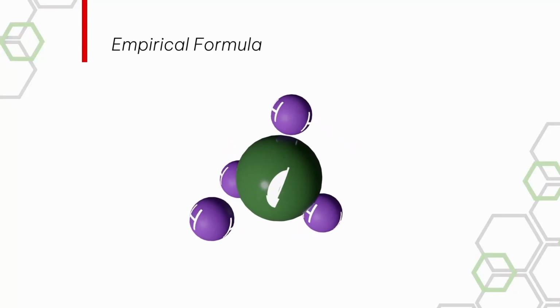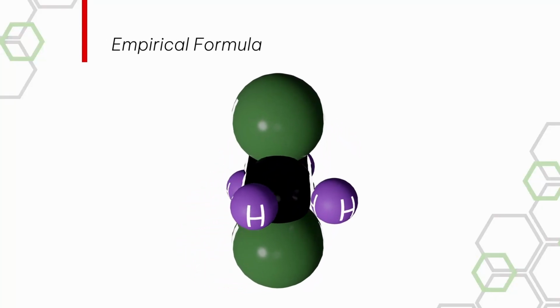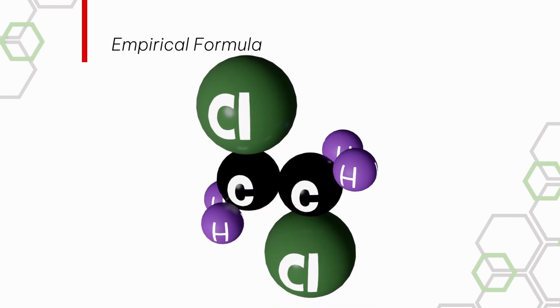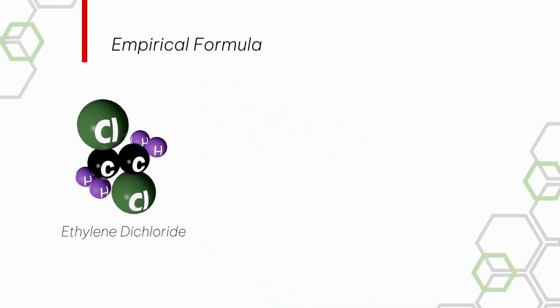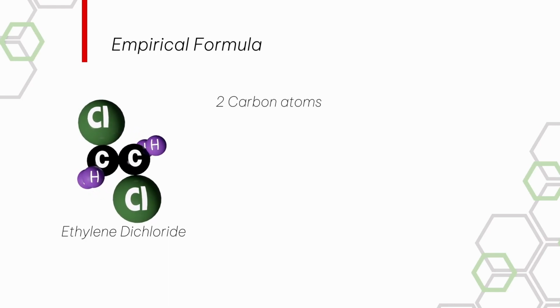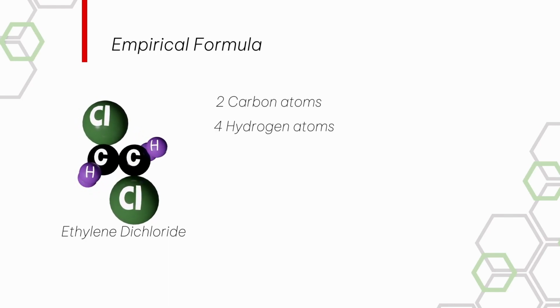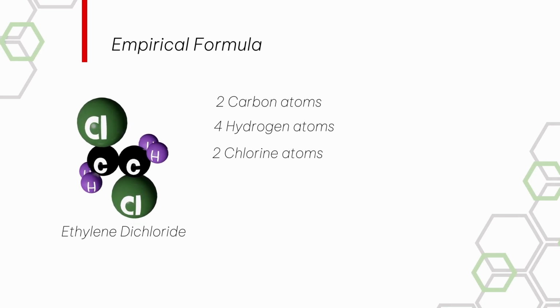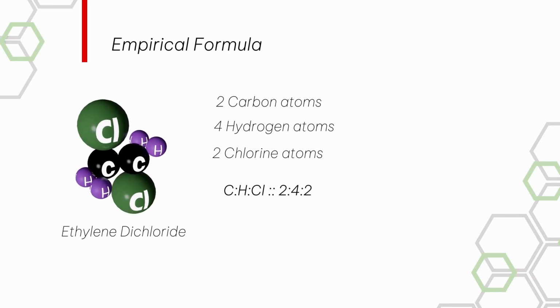Empirical formula from molecular formula. From the empirical formula we get to know the ratio of constituent elements in any compound. This is the molecular formula of ethylene dichloride. It has 2 atoms of carbon, 4 atoms of hydrogen, and 2 atoms of chlorine. And their number of atoms are in the ratio of 2:4:2.